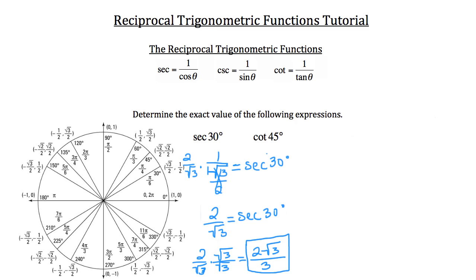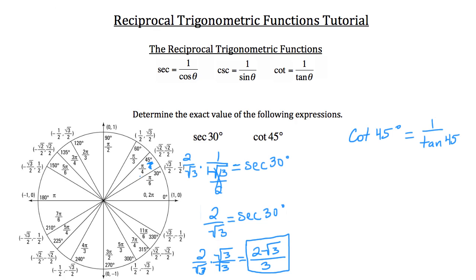Now let's take a look at our next problem, the cotangent of 45 degrees. Now remember, cotangent of 45 degrees is the same as 1 over the tangent of 45 degrees. And tangent of 45 degrees is sine of 45 degrees over cosine of 45 degrees.